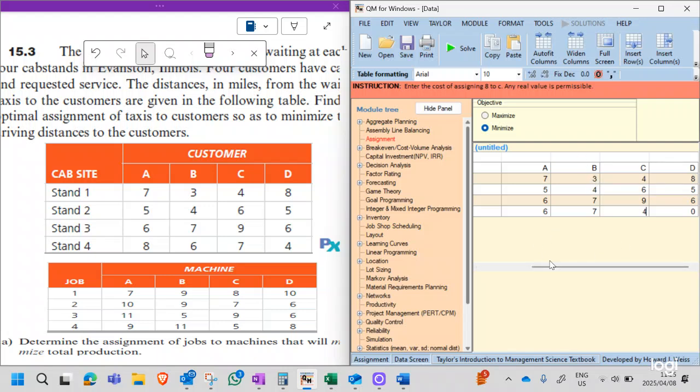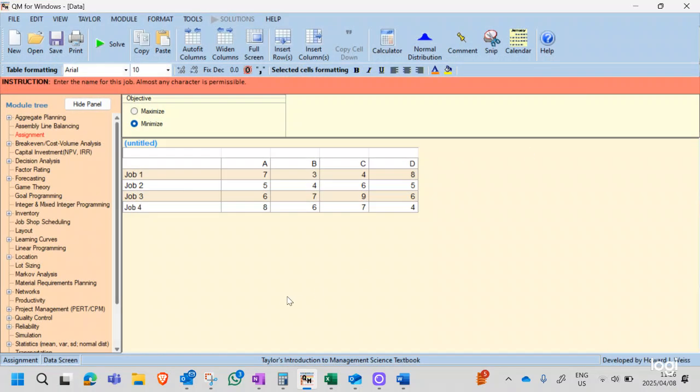No, 8, 8, 6, 7, and 4. Once you've finished putting in the data like this, then you are ready to do the thing.